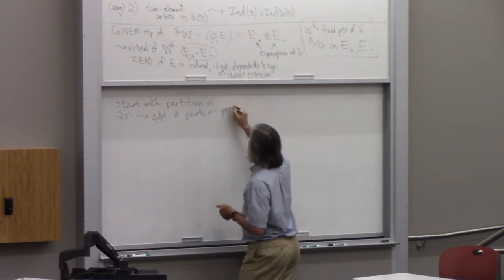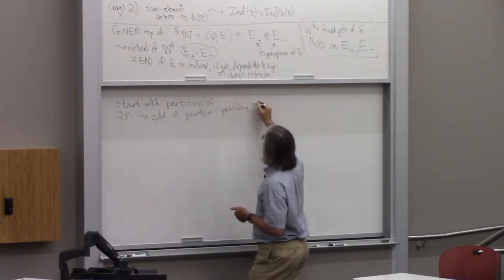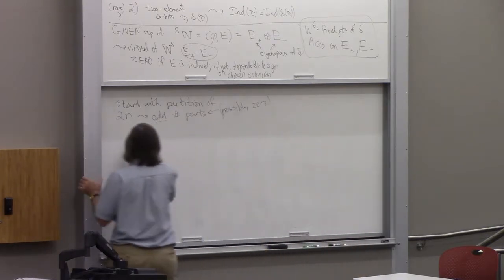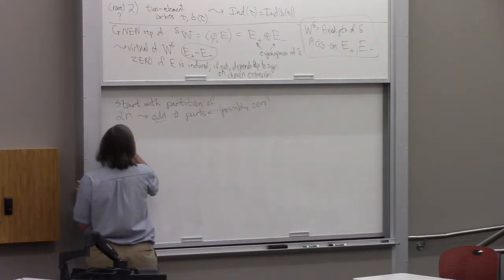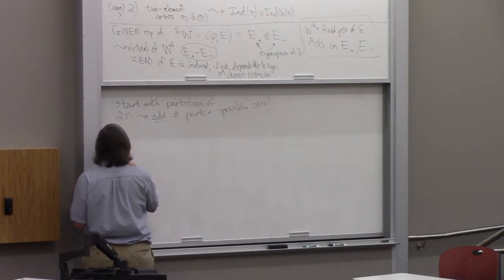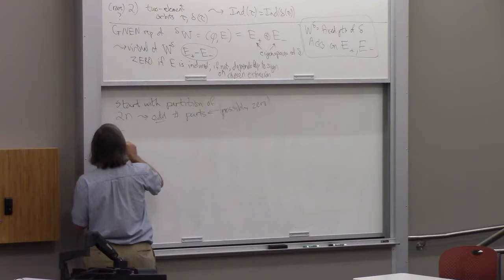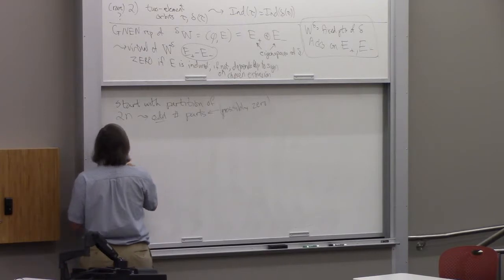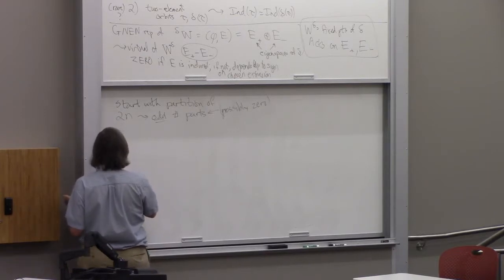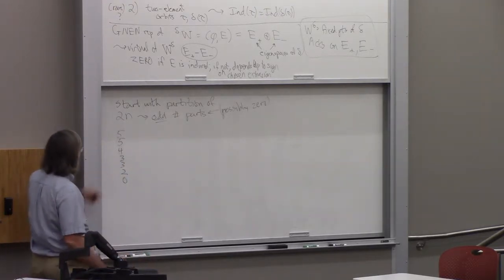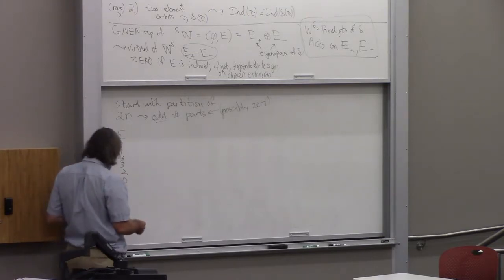The way to arrange this is you throw in some 0 parts if you want. So let me take 5, 5, 4, 3, 3, 2. How many parts have I got? And I'll add a 0. There's a partition of some large number.